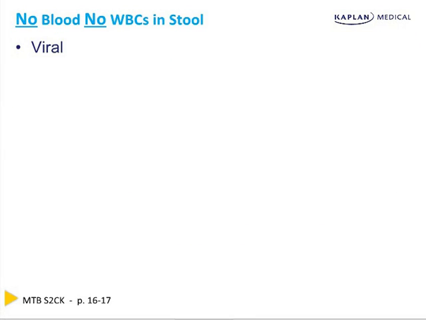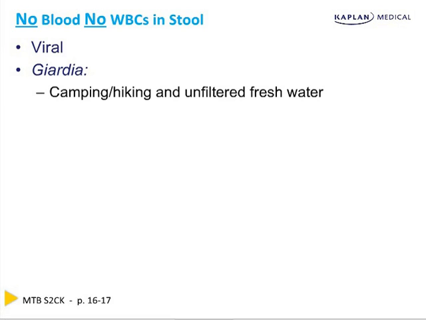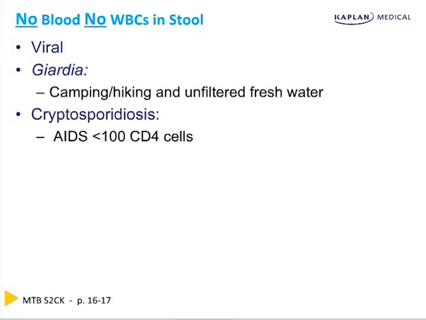How do we diagnose the etiology of diarrhea when there's no blood and no white cells in stool? It could be viral, it could be Giardia. In Giardia, you should be looking for a person who's been camping or hiking and drinking unfiltered fresh water. Cryptosporidiosis is almost certainly exclusively in HIV, and sometimes in outbreaks, but it's a sign of an opportunistic infection in very far advanced HIV.